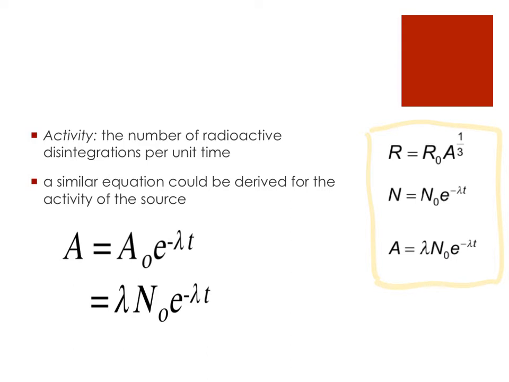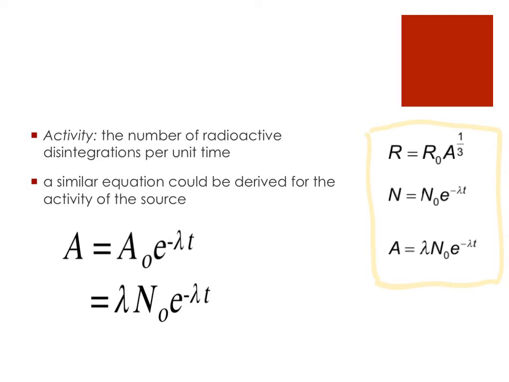I could make a very similar equation like I did before, where I have the activity, and this would be the activity naught, which would be at time equals 0, e to the power negative lambda t. Now, if you look in the data booklet, it says that this is lambda N naught.